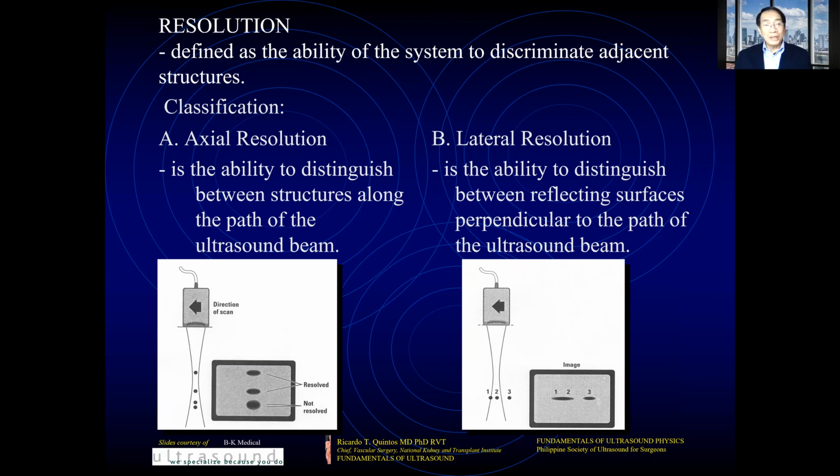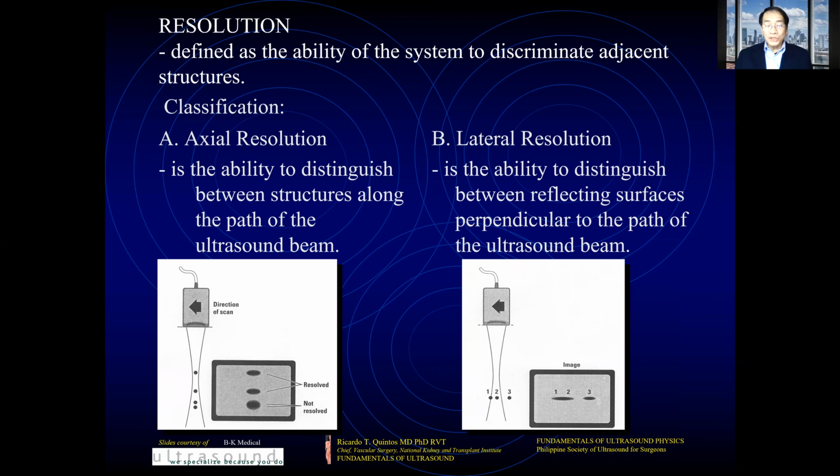So resolution is just defined as the ability of the system to discriminate or to differentiate adjacent points or adjacent structures. If you have good resolution, then that means you are able to resolve two different points or two different structures.